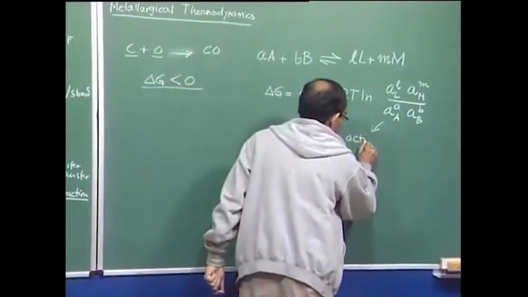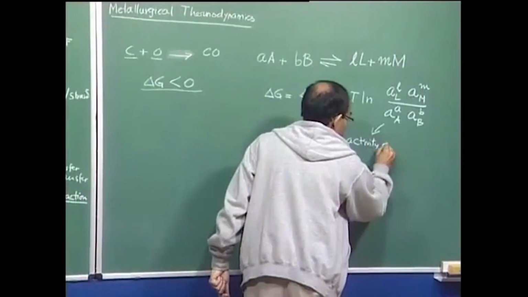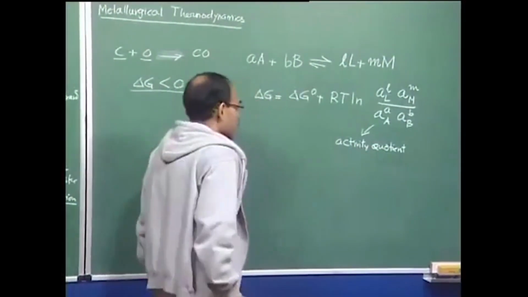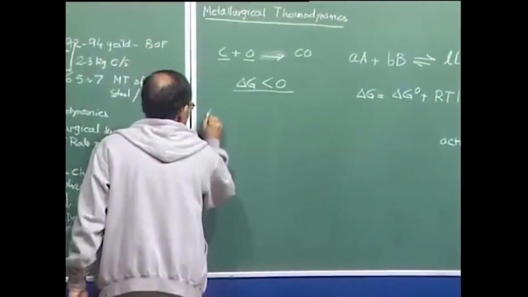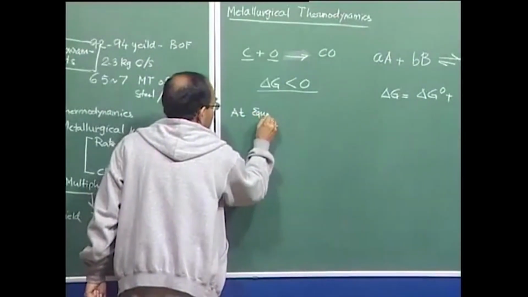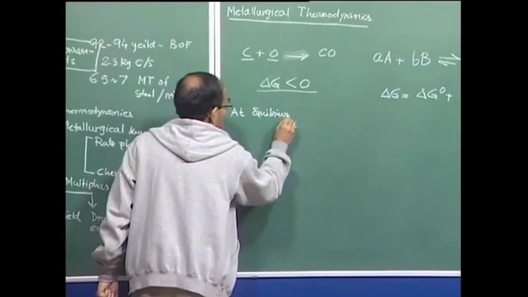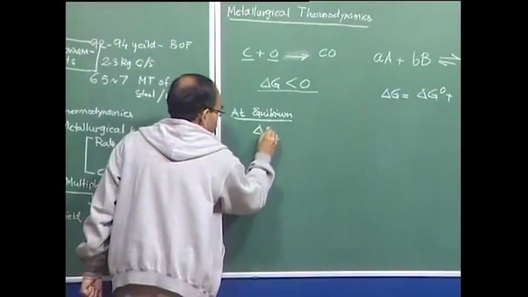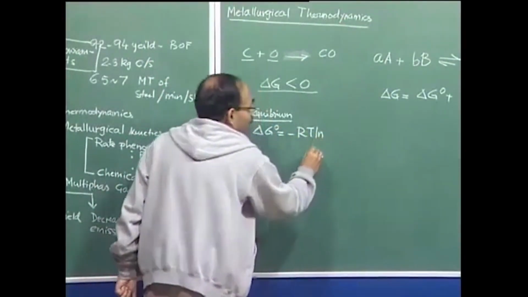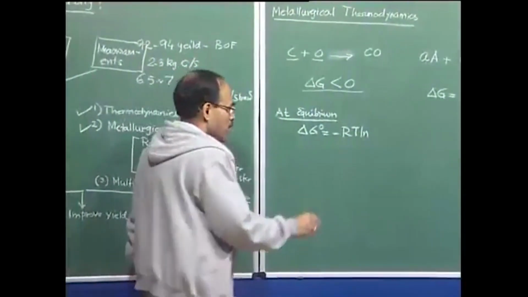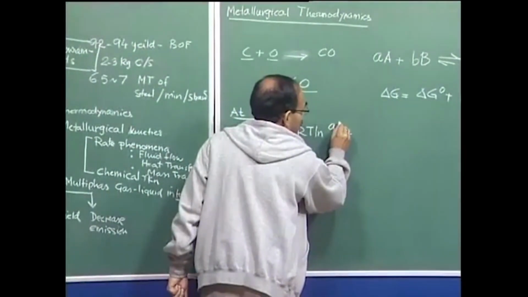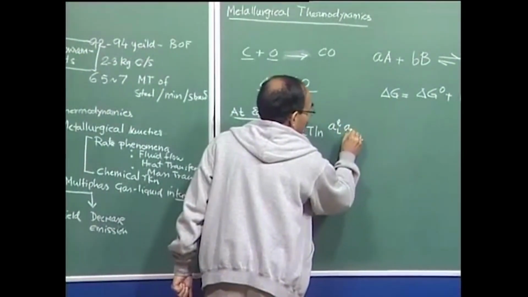So, this is, as you know, the activity quotient, and when the chemical reaction is at equilibrium, then we say that delta G naught is equal to this. We have applied this frequently to solve a variety of problems in thermodynamics, particularly for steel making systems, for solutions, and so on.